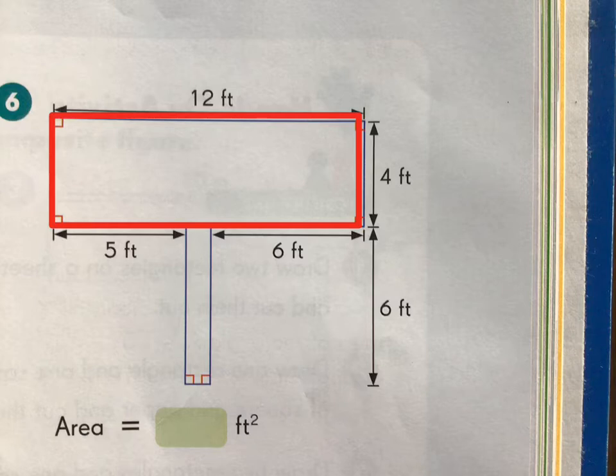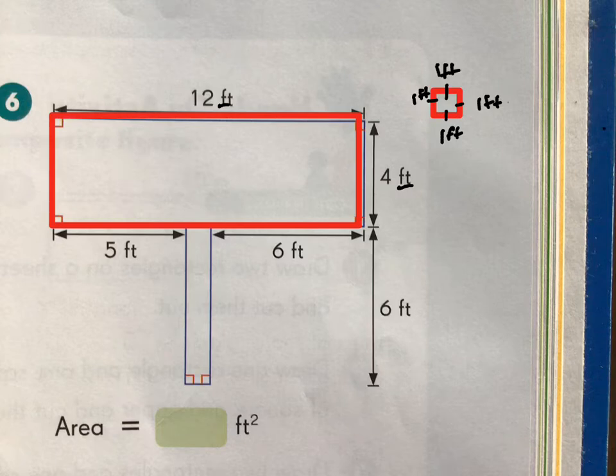Now remember, when we're finding area, we are taking a unit square, like this one right here. And because our units are feet, this square unit would be 1 foot on this side, 1 foot on this side, 1 foot on this side, and 1 foot on this side. So we would call that a square foot.